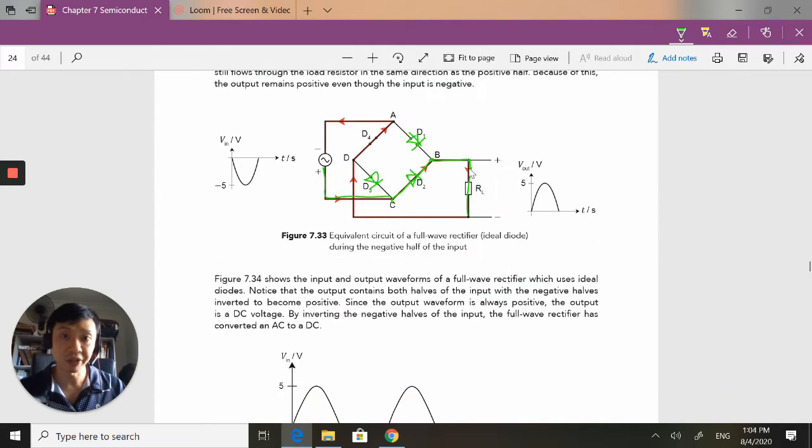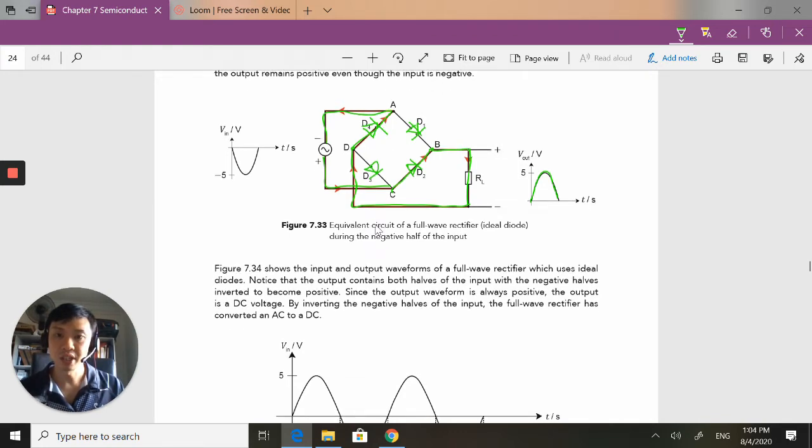That's very important. If it's the same direction, it means it is also going to give me a positive output over here. So let's follow the green line. Over here, it wants to take the shortest route back here. Remember, there's one more diode here that is forward bias in this direction.